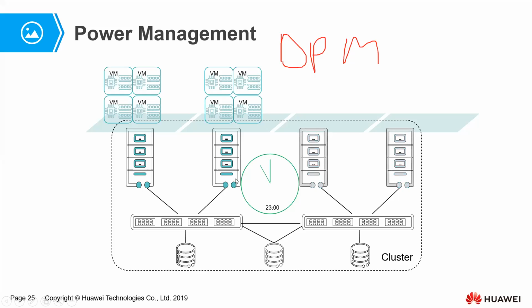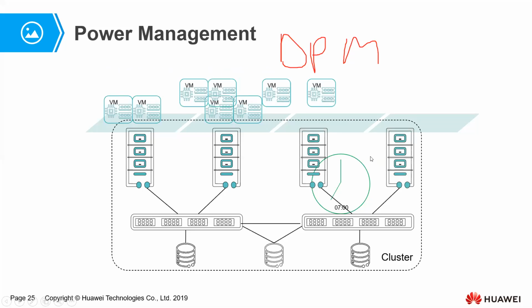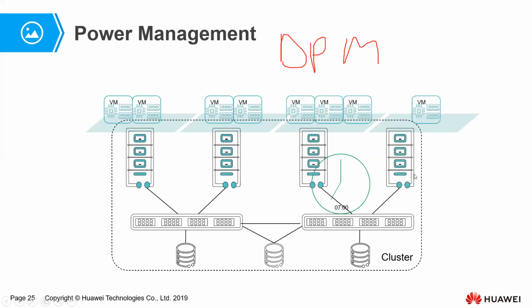And then after some time, like at 7 in the morning, everyone comes back to work and everyone is trying to access things, then it automatically powers them back on, and then we do load balancing on them.